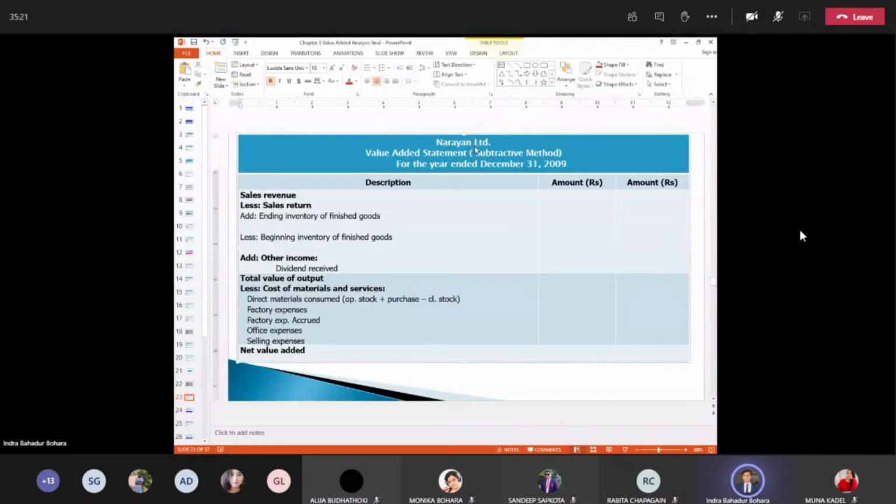All of you write down Narayan Company Limited and value added statement under subtractive method, because we are given materials, wage, materials beginning, ending, and office expenses, selling expenses. We are given them separately there. Therefore, we prepare under the subtractive method.